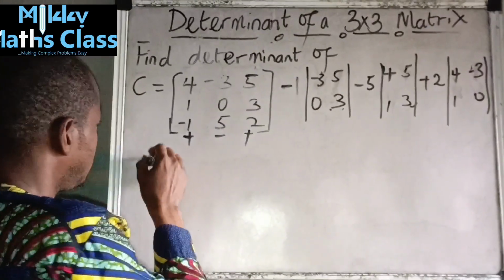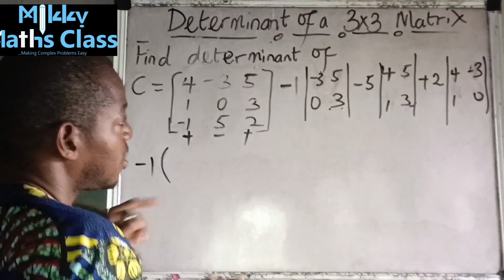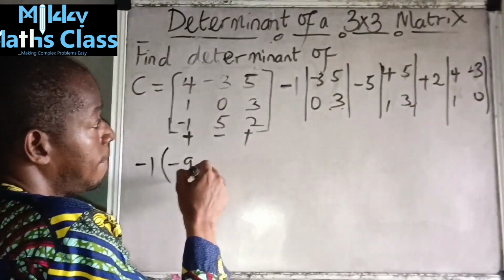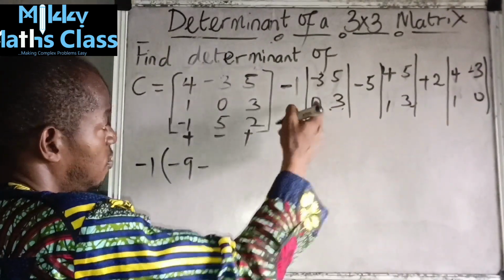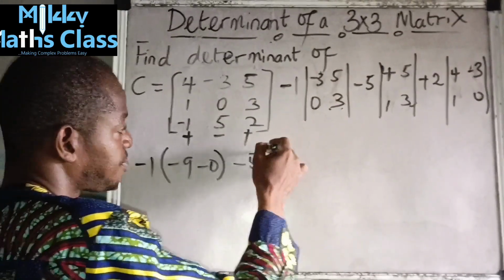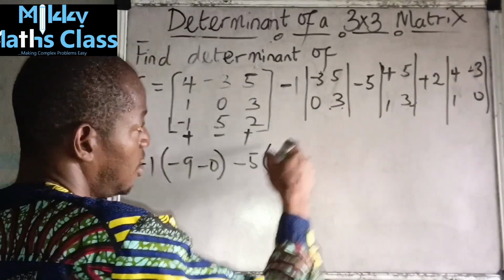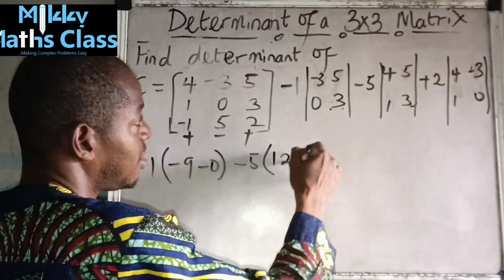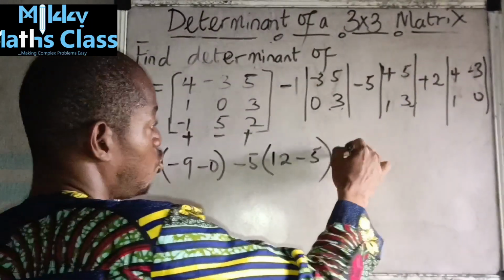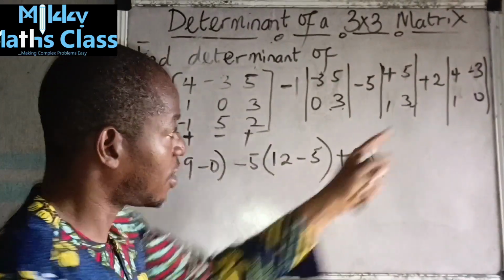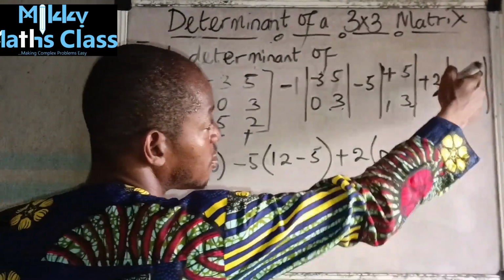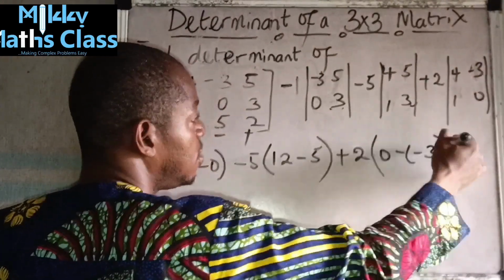So this becomes negative 1 times the bracket: determinant of this, 4 times 3, that's 12, minus 5 times 1, that's 5. Wait, first the determinant of this times this, that's negative 9, minus 0 times 5, that's 0. Then minus 5 into bracket 4 times 3, that's 12, minus 5 times 1, that's 5. Then plus 2 into bracket 4 times 0, 0, minus negative 3 times 1, negative 3.